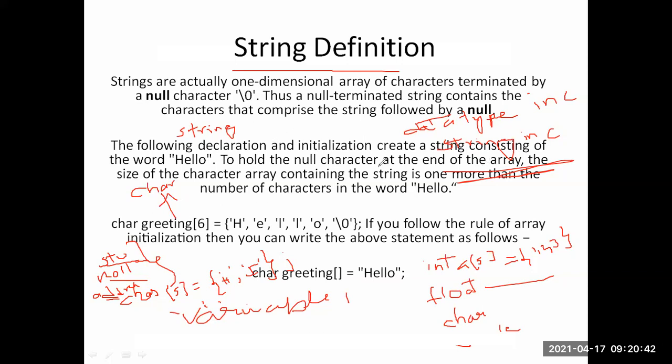There is no separate data type for strings in C, so we use characters to represent string functions.